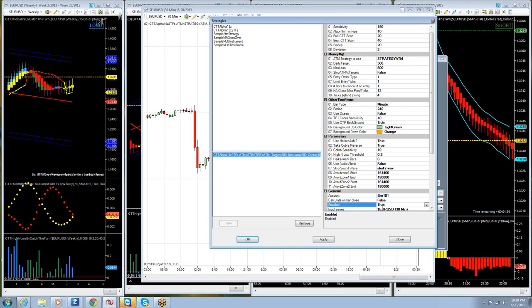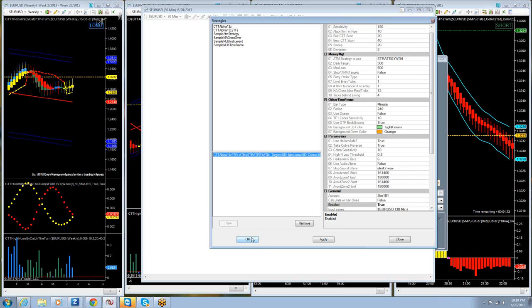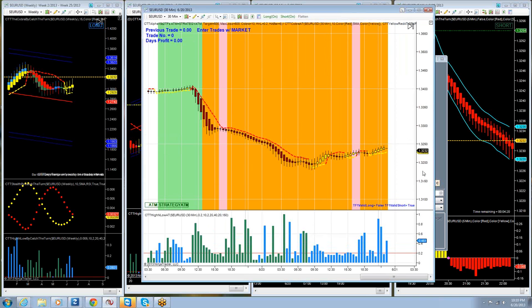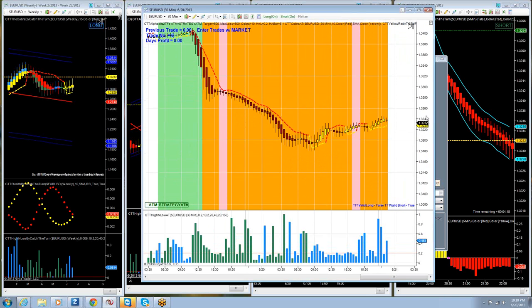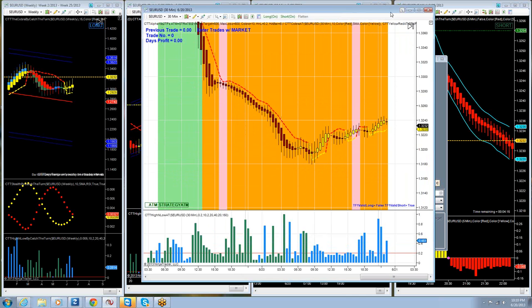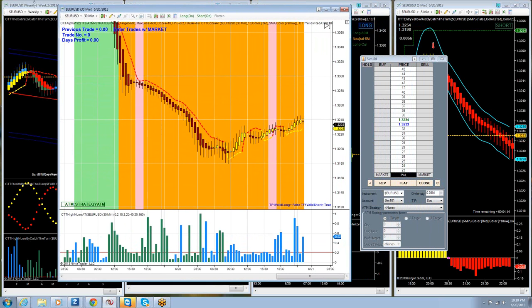So I'm going to go ahead and enable the strategy. And that's what it looks like. So right now these are 30-minute candles, okay, with our Cobra. And the chart is analyzing, as we speak, the 4-hour chart, which currently is in a downtrend, okay?